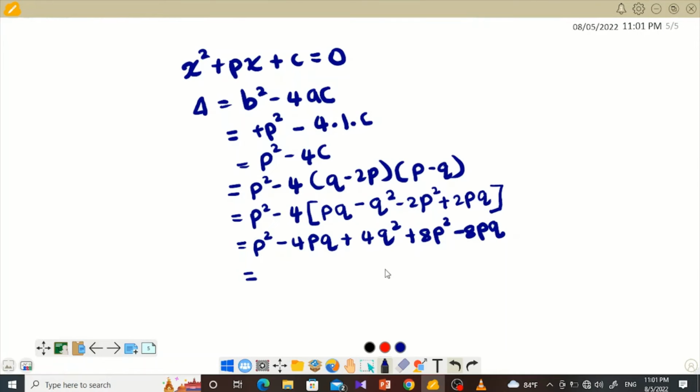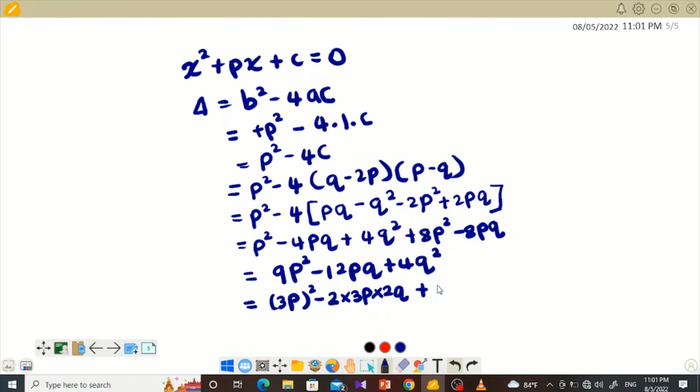And I simplify this: 8P squared plus P squared is 9P squared, minus 4Q, minus 8PQ minus 12PQ plus 4Q squared. Now I can write this as 9P squared, the square of 3P, and minus 2 times 3P into 2Q, and 4Q squared as the square of 2Q.